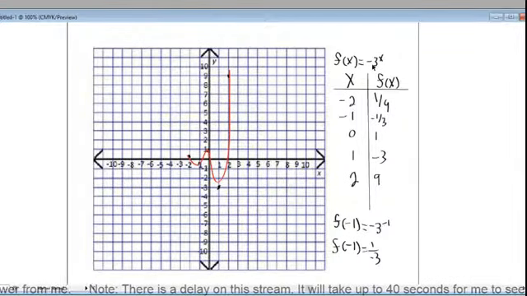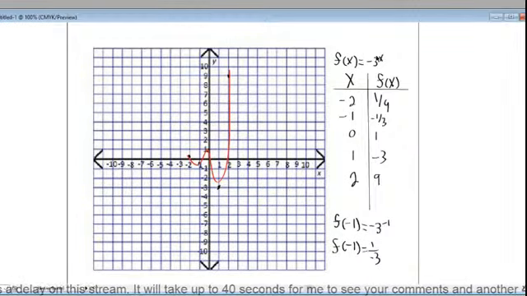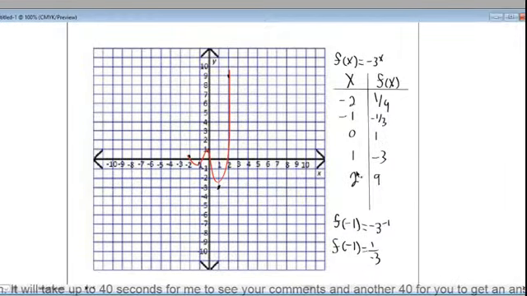Remember that if we have an even exponent, something like 2, 4, 6, 8, it will cancel out that negative. For instance, 2 is an even number, it cancels out that negative, and we have positive 9.